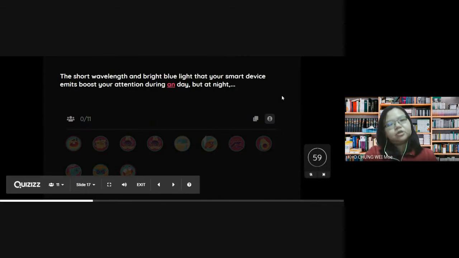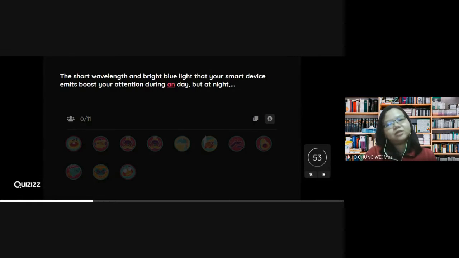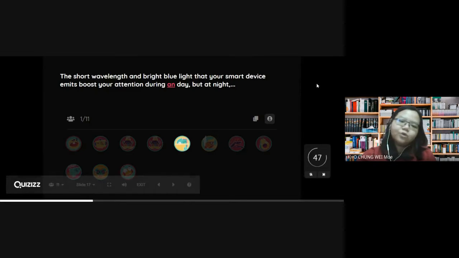The short wavelength and bright blue light that your smartphone emits boost your attention during and day, but at night, Alright, the clue here is the word during and day. During what day?